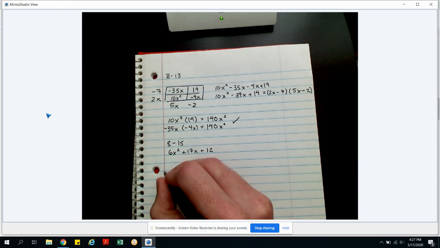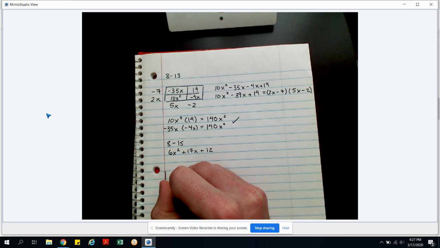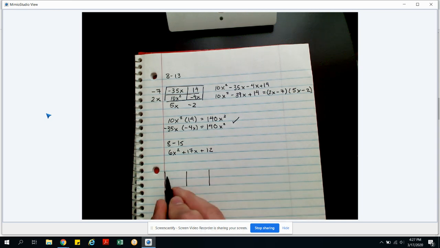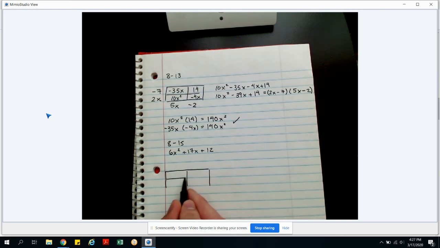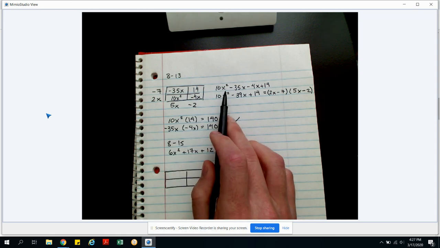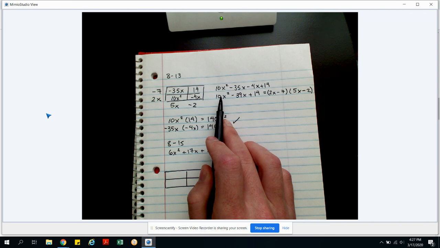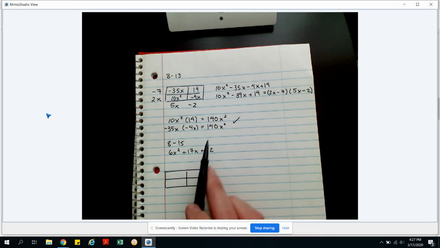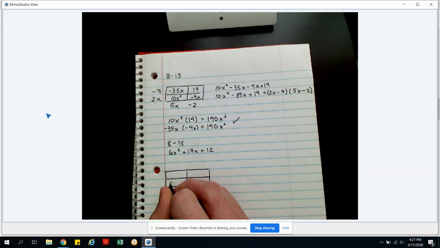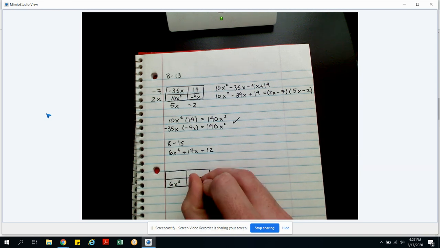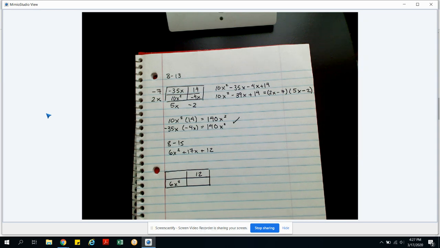So I want to make a generic rectangle. Well, what two parts can I always fill in right away? Well, if I look back up here, the first term and the last term, I can put those diagonal from each other. So in this case, I can always take the 6x squared and the 12. All right, the next part, let's flip back to our book.